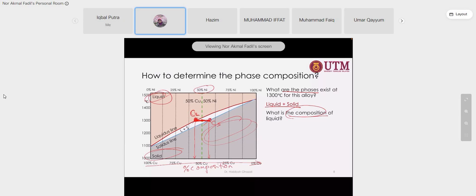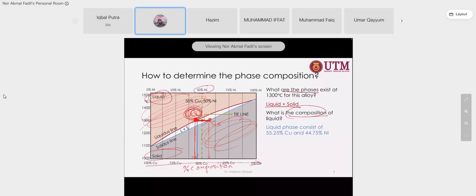We can determine the composition by constructing a horizontal line named lever rule or tie line, used to determine the fraction of phases. And where is the composition of liquid? Here. You can read it straight away from here.